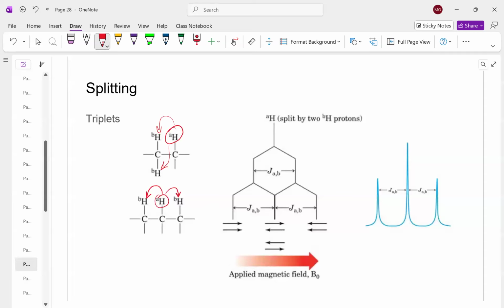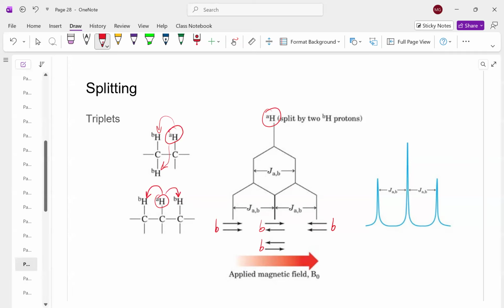Now, in this case, there are three possible combinations. Either the B hydrogens, both of them are aligned with the magnetic field, both of them are against the magnetic field, or one is with it, one is against it, and vice versa. So there's three possible combinations of A interacting.